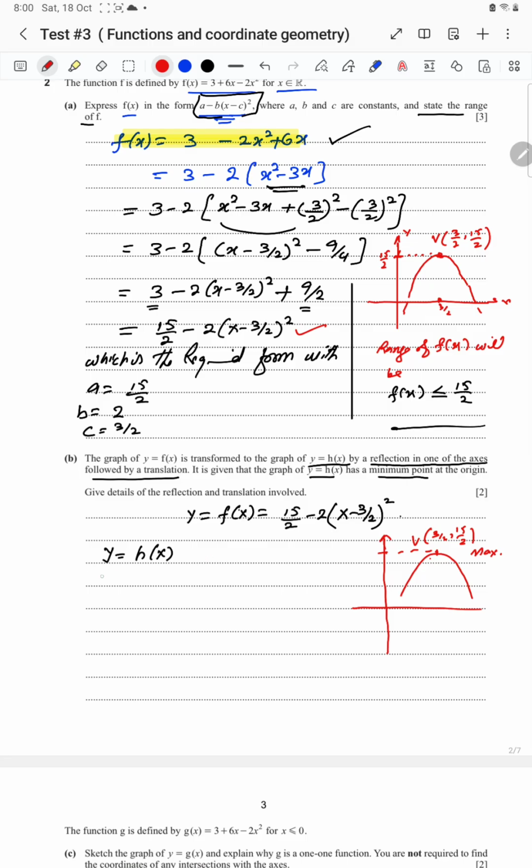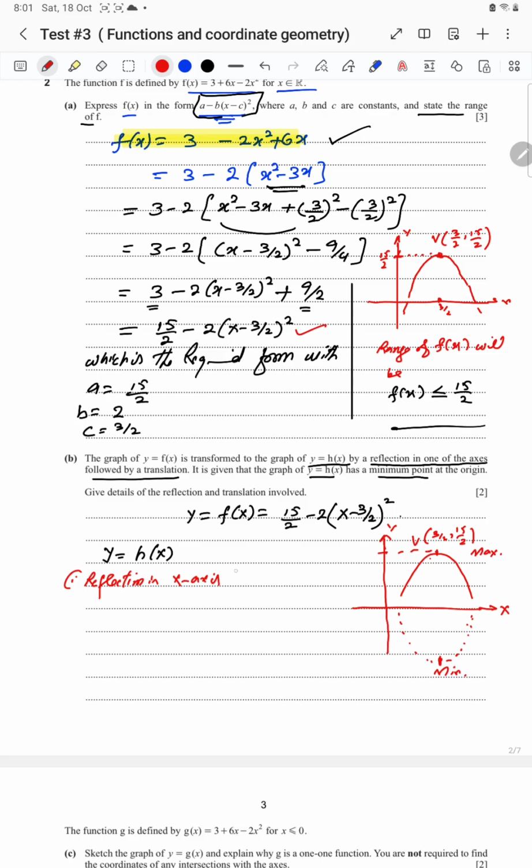So we will take a reflection in the x-axis because here it has a maximum point. So the minimum point will be somewhere like this. So this is a minimum point. So we can take the reflection in the x-axis.